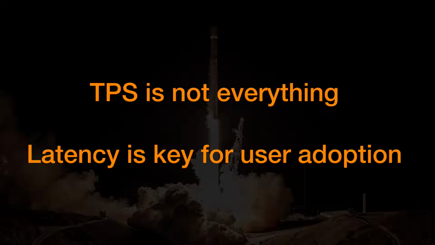It could very well be that every transaction still takes 3 seconds, but on average it is about 10,000 transactions per second. Now, if you want actual user adoption for blockchain technology, we need to achieve the same kind of usability, the same kind of user experience as internet technology, and therefore we need low latency instead of only transactions per second.